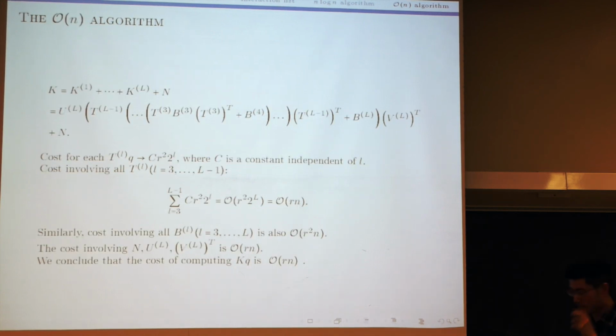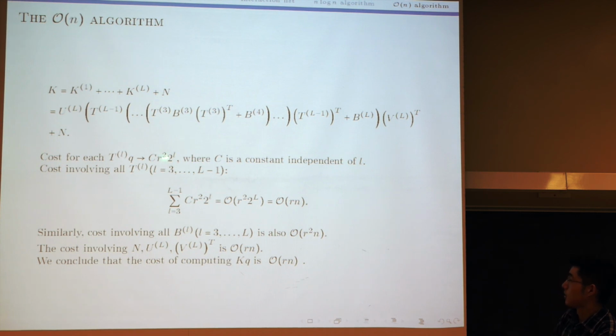We see that this decomposition gives us a linear complexity algorithm. For each matrix TL, to compute TL times a vector Q, the complexity is a constant times 2 to the lth power.